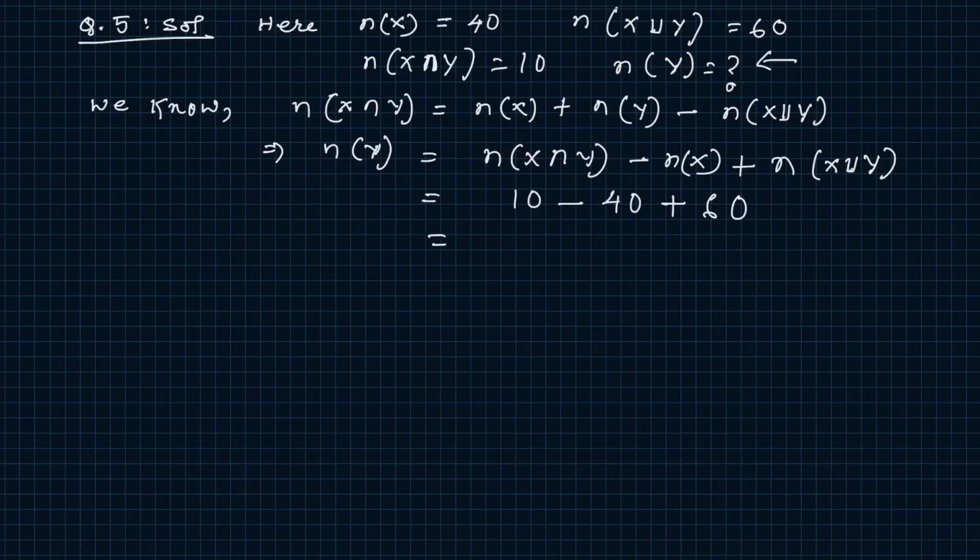So 60 minus 40 is 20, plus 10 is 30. So this is the answer.